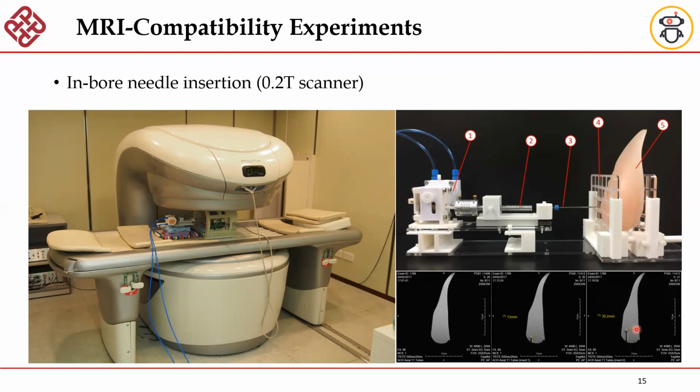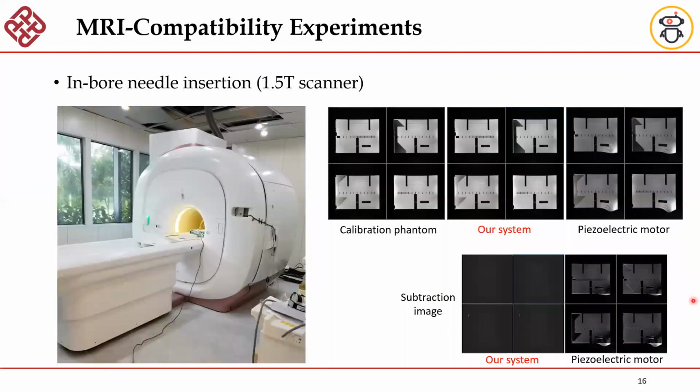That's on one hand, to do closed loop control experiments inside a magnetic ball. And on the other hand, we want to assess the compatibility. We can see here that these images are not distorted, and we don't have any significant artifacts on them.